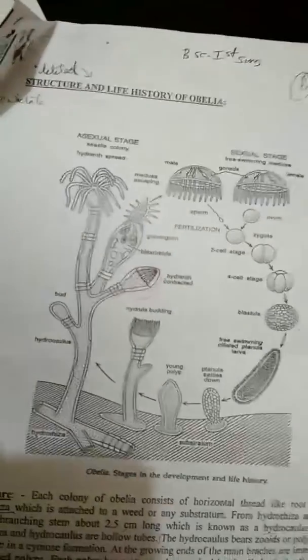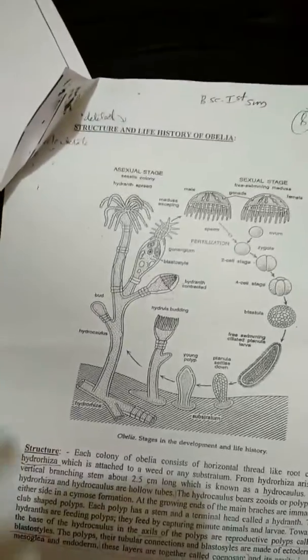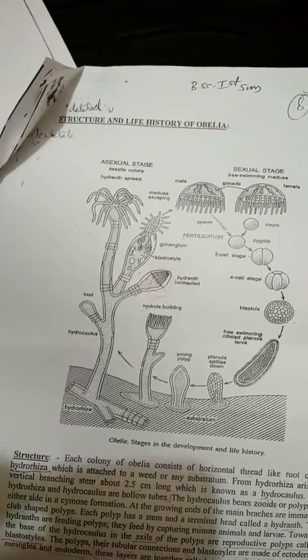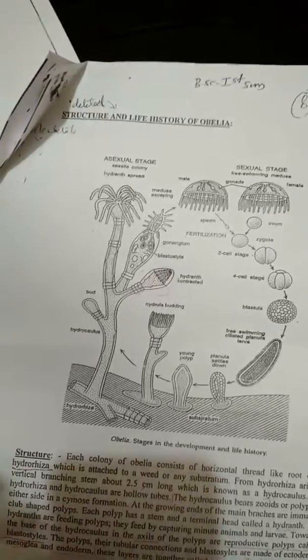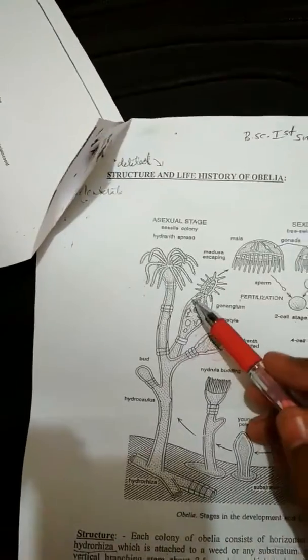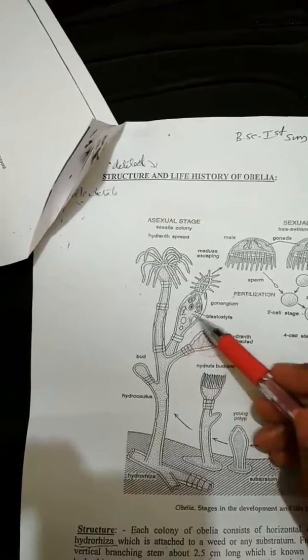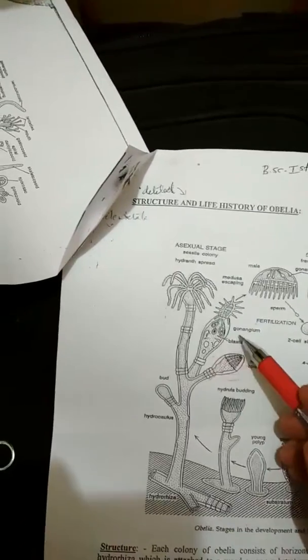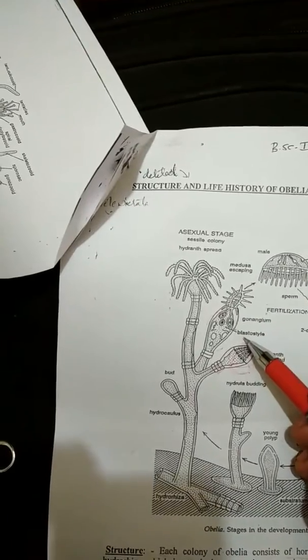If you observe carefully, this is the covering. The covering over the blastostyle is called the gonotheca.